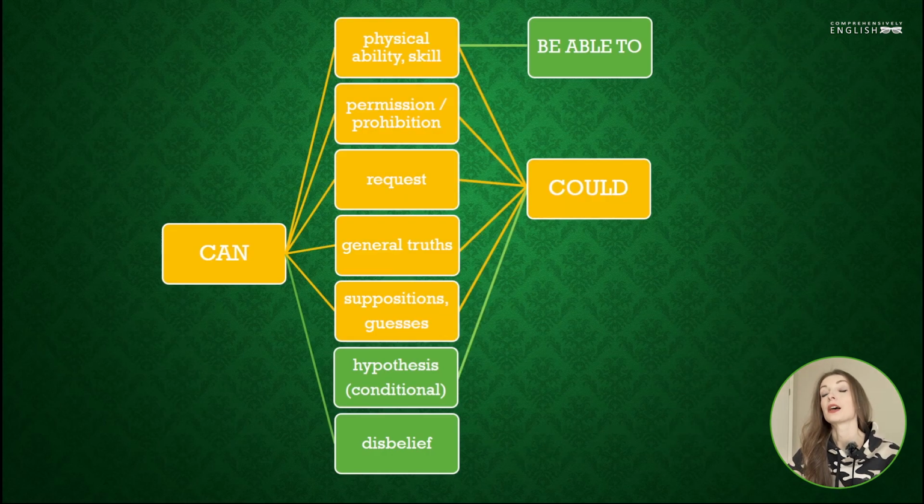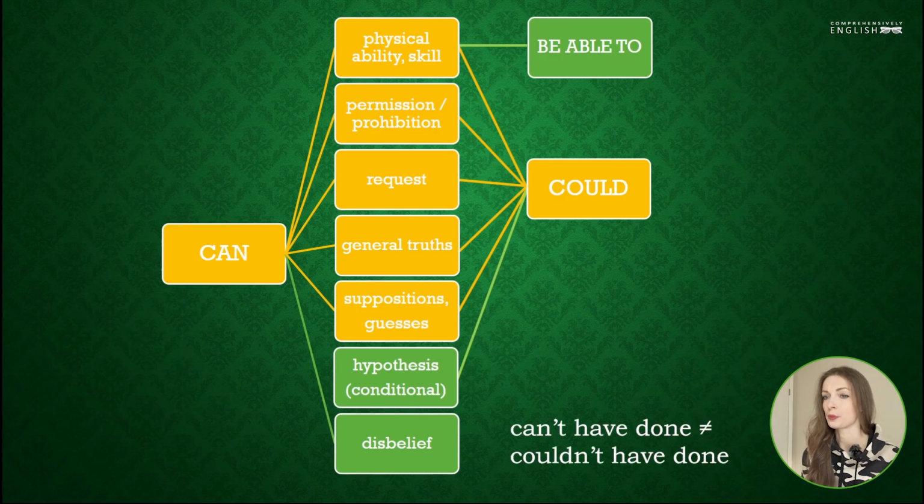So you see that can and could coincide in 5 meanings: physical ability, permission or prohibition, request, general truth, and suppositions, suggestions, while they differ in 2, hypothesis and disbelief.